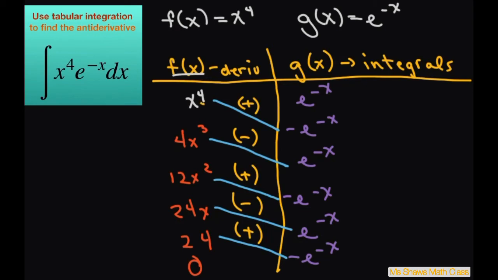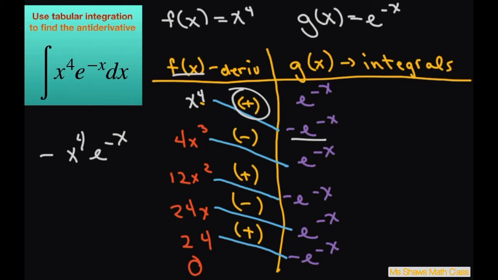Now when you multiply x to the fourth times this, even though it's a plus, you're going to get negative x to the fourth e to the negative x. So I'm going to move on to the next slide and write down the answer, but you're just multiplying these.